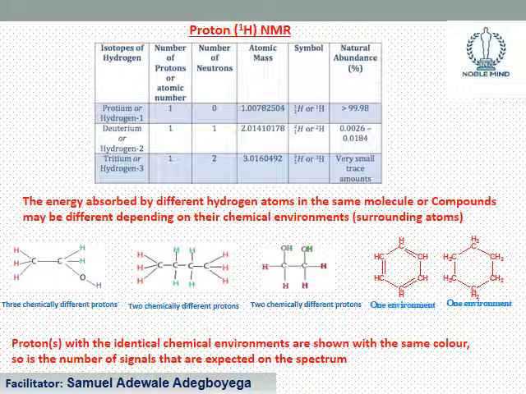Now, for you to determine the environment of protons on a particular carbon, you will be considering the neighboring carbon atom, the nature or type or number of protons that are present in the neighboring carbon atoms. So the carbon carrying 3 hydrogens is bonded to a carbon carrying 2 hydrogens, which are directly attached to the carbon, and the 3rd hydrogen is attached to oxygen that is also attached to that carbon.